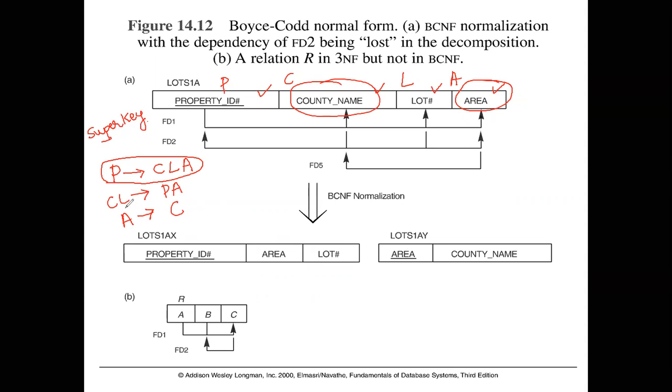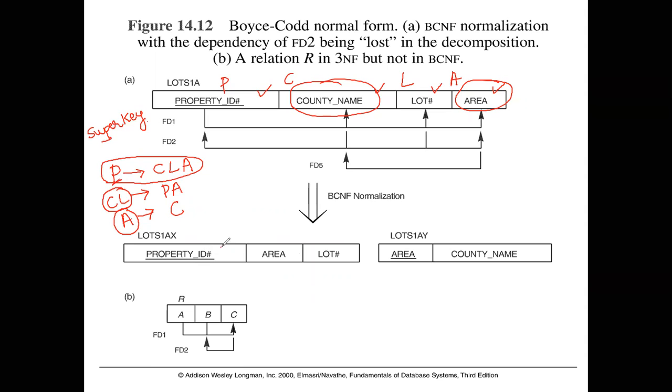But if you observe here on the left side, we have A, which is not a super key, and also C and L, which is not a super key, but P is a super key. So since this is the case, we will divide the table in such a way that it will be in BCNF.